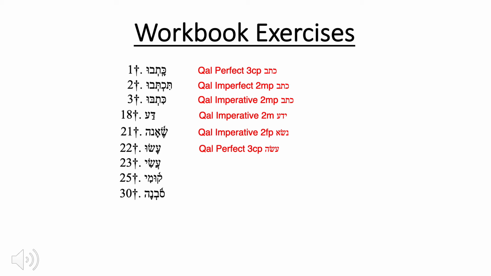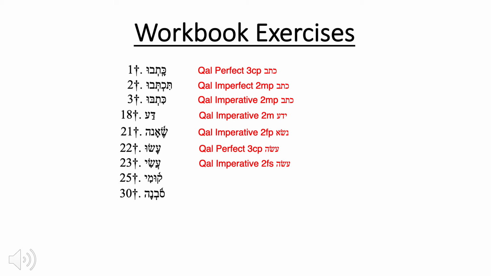What about the next one, number 23? This is a Cal imperative second feminine singular. We know that it's an imperative because of the presence of the shva underneath the ayin and the fact that it ends in a hirik yod.